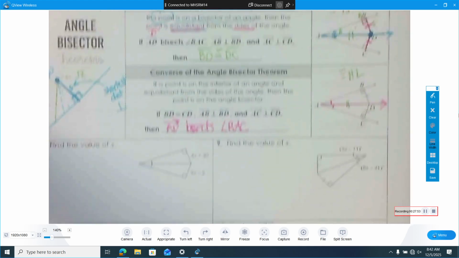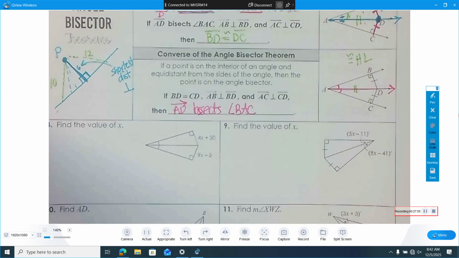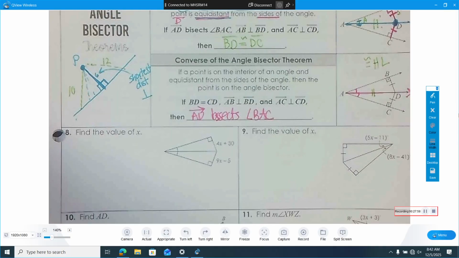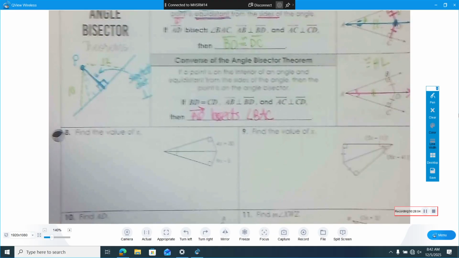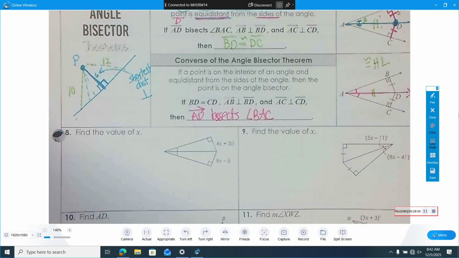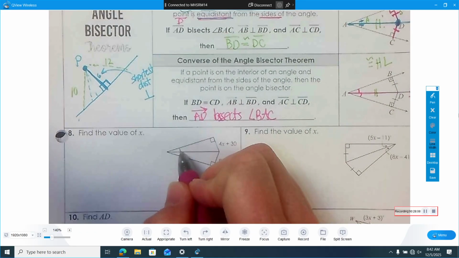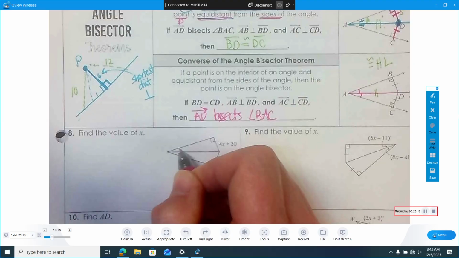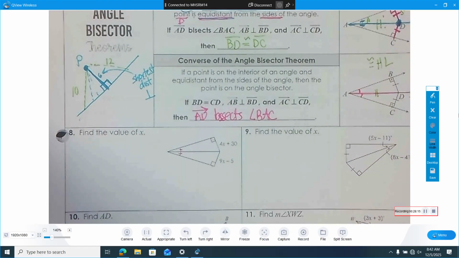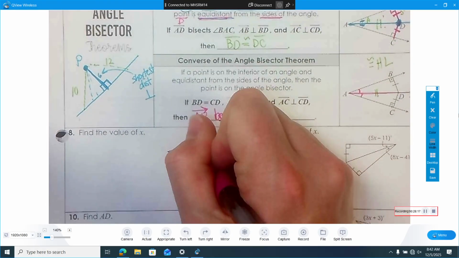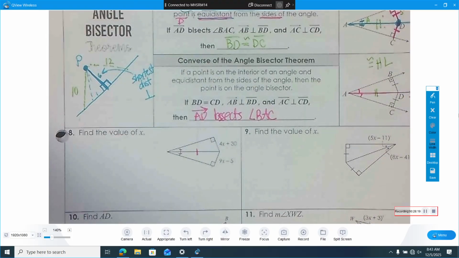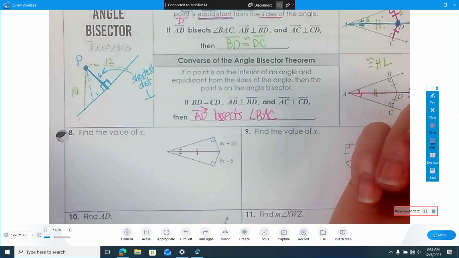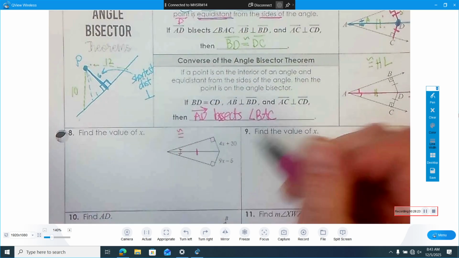So let's look at number 8. And again, I don't care so much about the theorems. I care more about our two little triangles, the top triangle and the bottom triangle. Are they congruent? What else do we know? We have a pair of right angles, and we have these two angles that are congruent as well. What else do we know? Reflexive side. So are the triangles congruent? By side, angle, side?